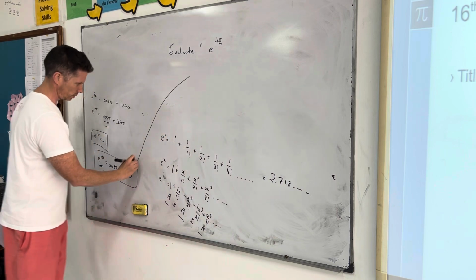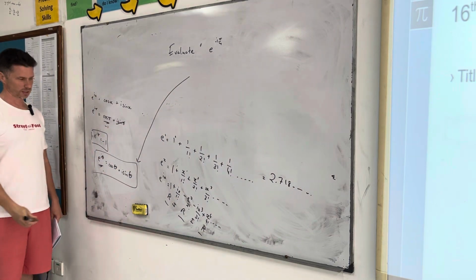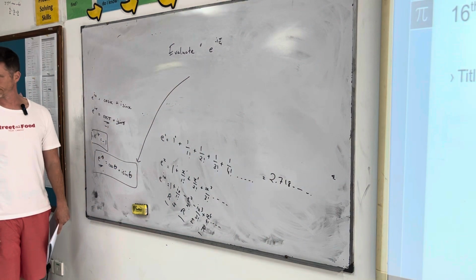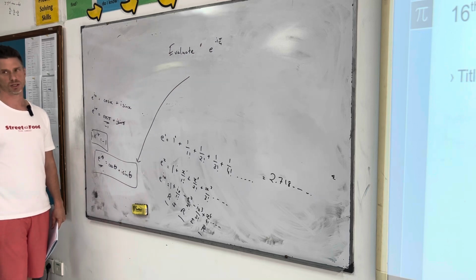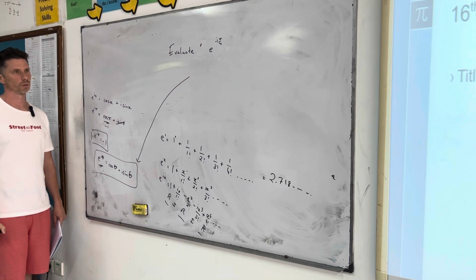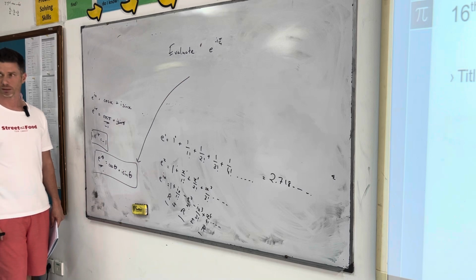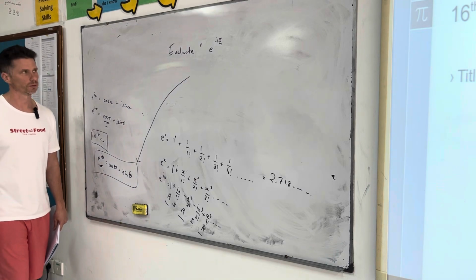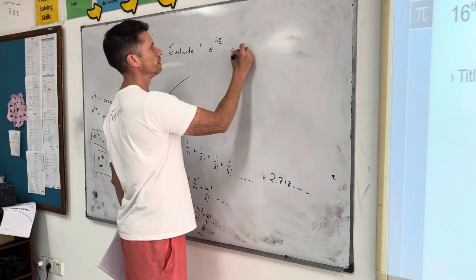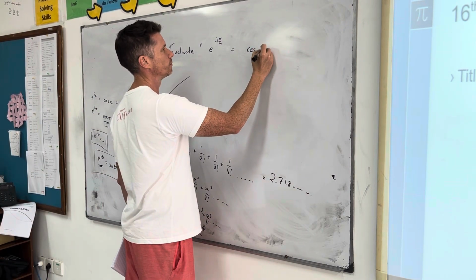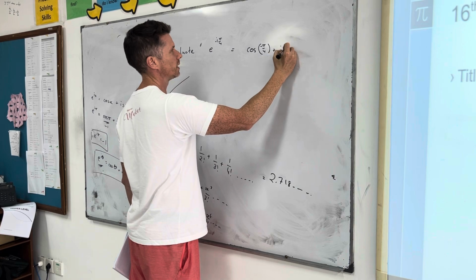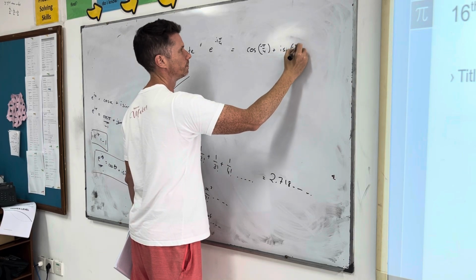Well, I go back and look at this, and that will help me convert it into polar form, and then I'll convert it into Cartesian form. What is the angle? Negative pi over 4. So this can be rewritten as cosine negative pi over 4 plus i sine negative pi over 4.